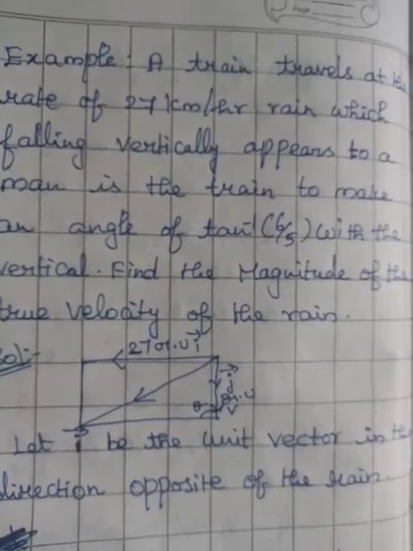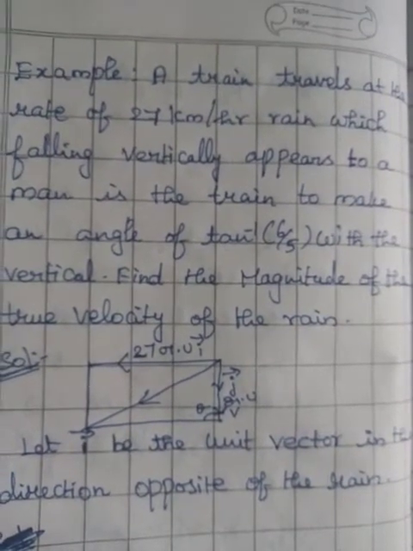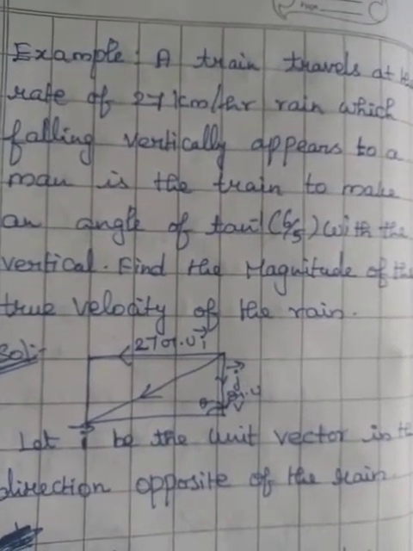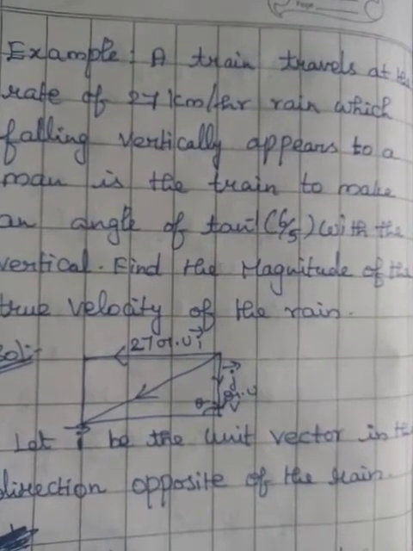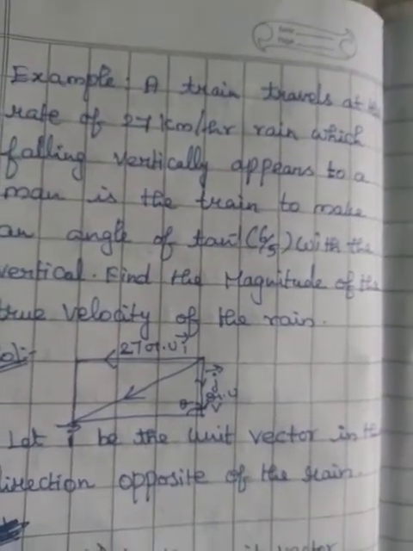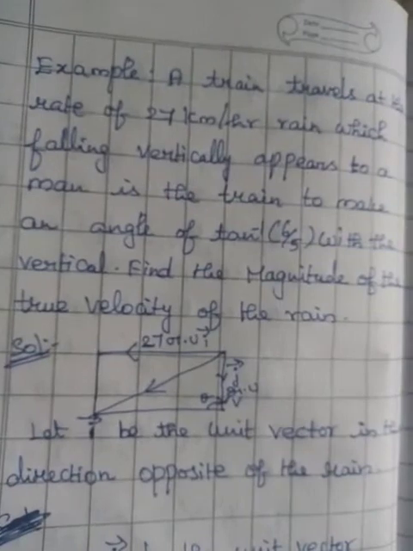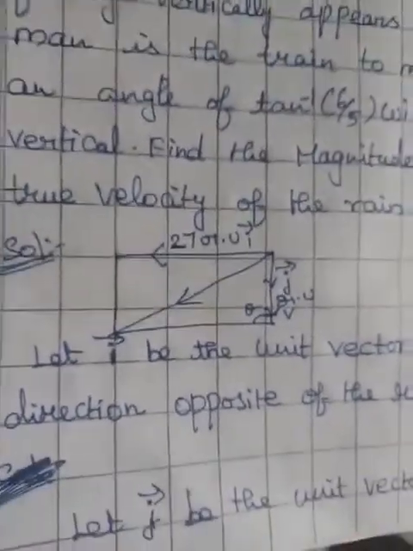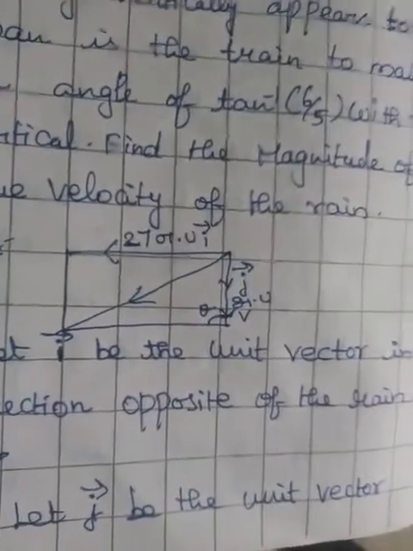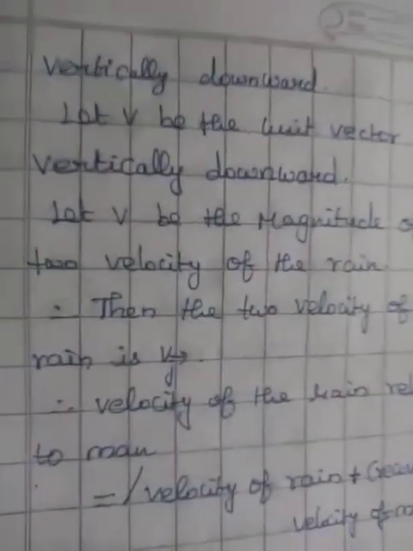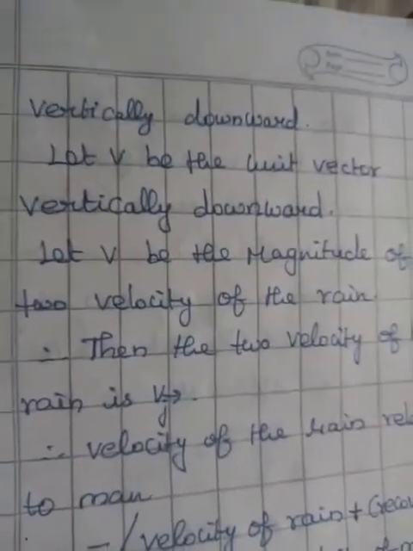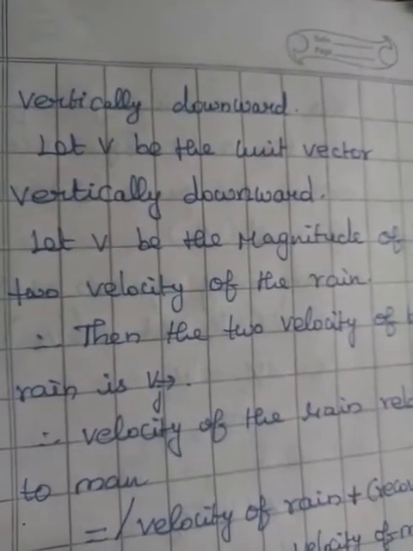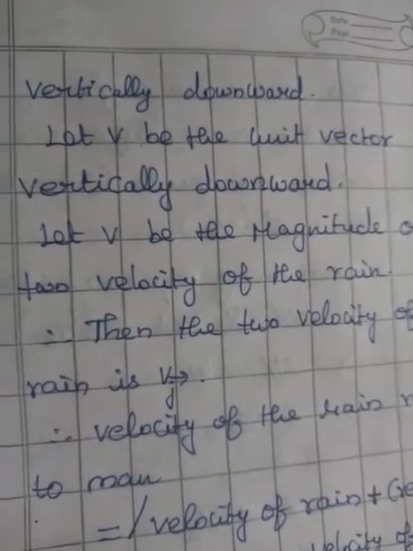27. i vector, next j vector. Let i vector be the unit vector in the direction opposite to the rain. Let j vector be the unit vector vertically downward.